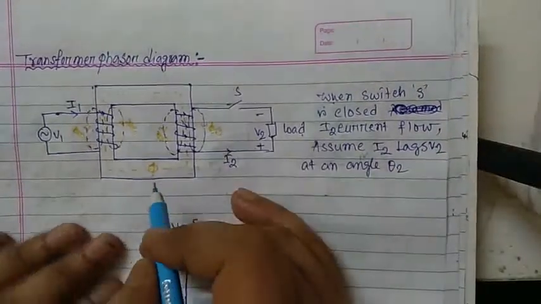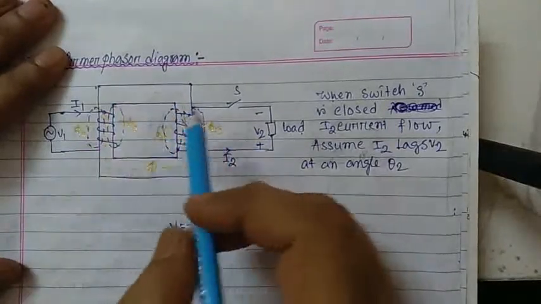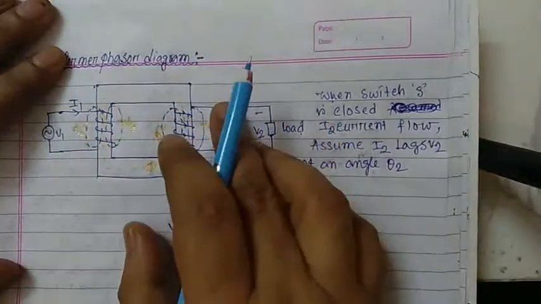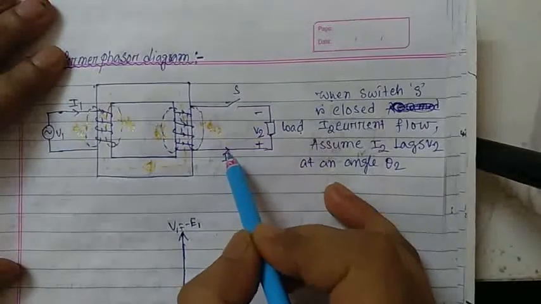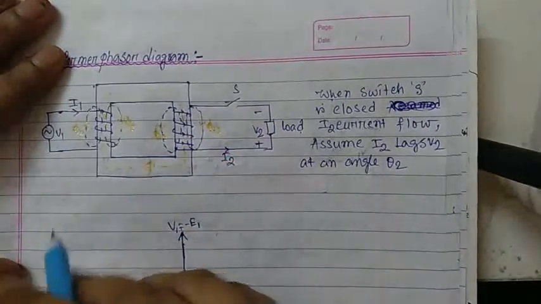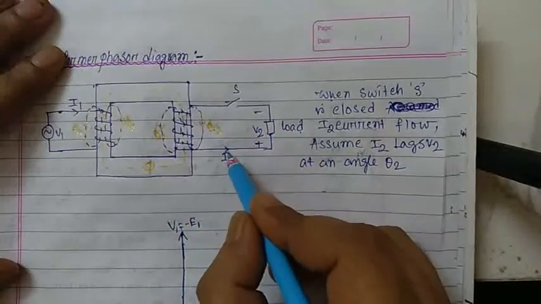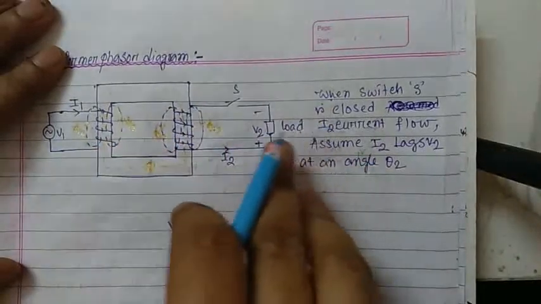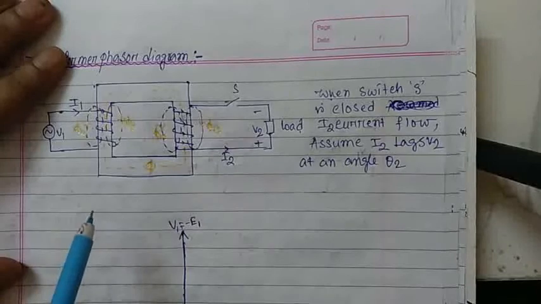Here I show a simple transformer diagram. When switch S is closed, the secondary current I2 flows. We are assuming that this I2 current lags the terminal voltage at an angle theta.